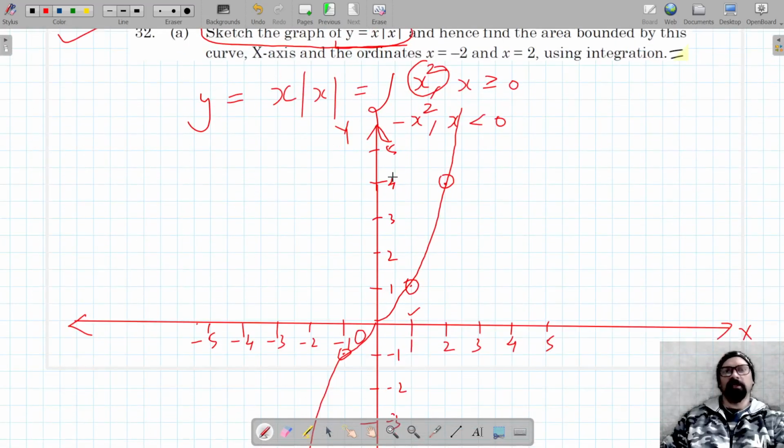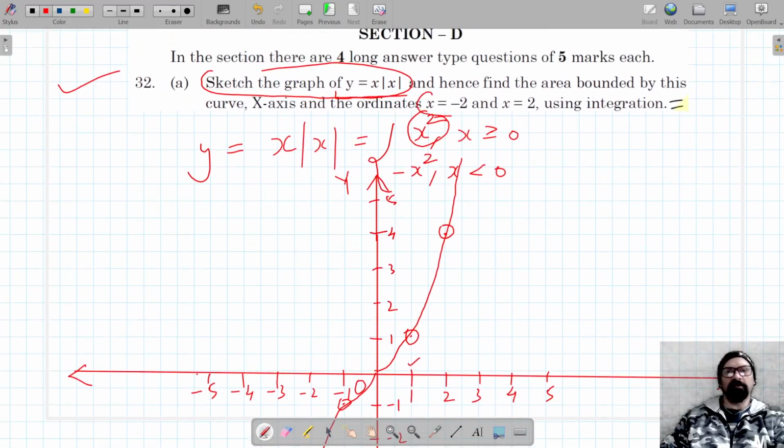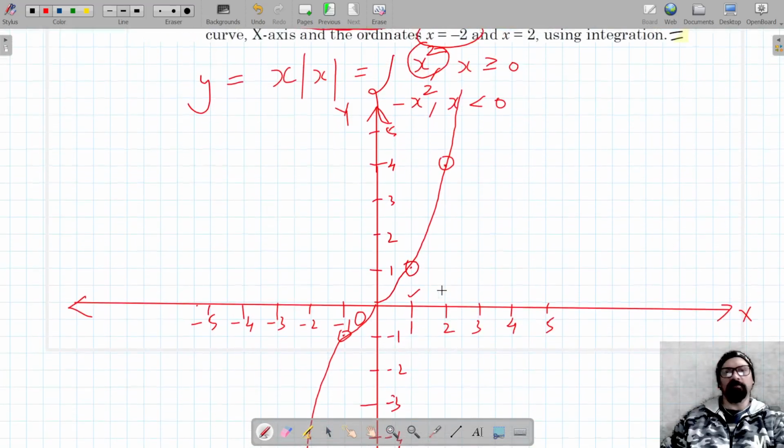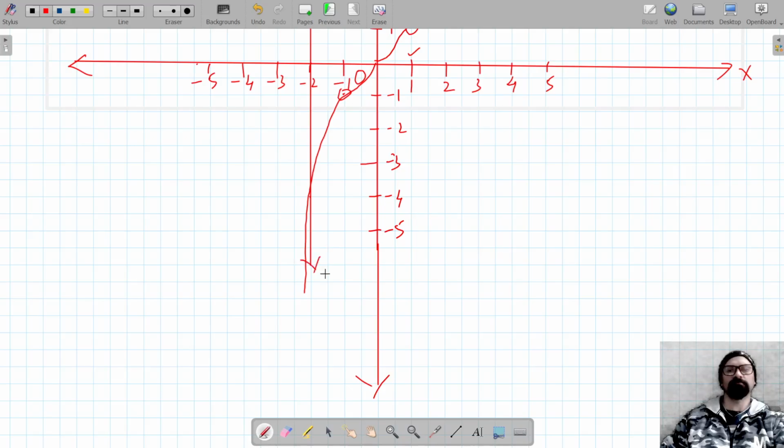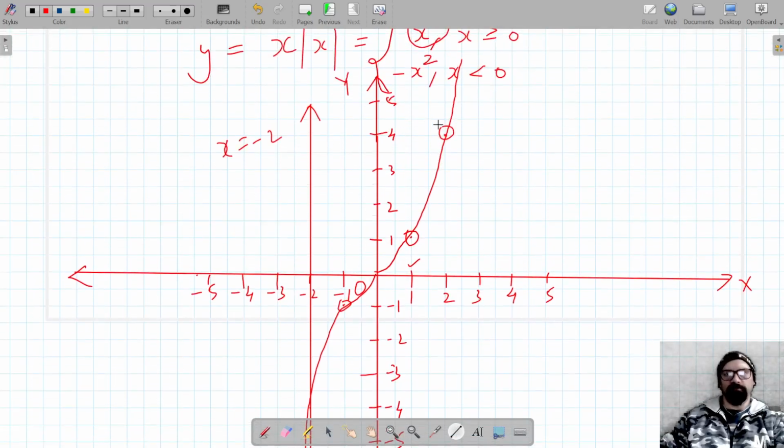Okay, now we have the ordinates x is equal to negative 2. So x is equal to negative 2 is the line, this one. And this is x is equal to 2.